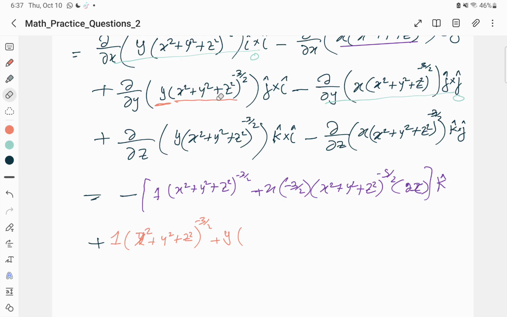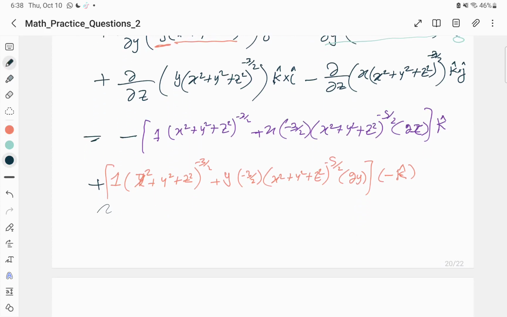The derivative of this expression with respect to y, we apply the chain rule, which will be negative 3 by 2 (x square plus y square plus z square) to the power negative 5 by 2, and then it will be 2y. And outside the whole expression we have this j cross i, so it will be basically negative k because they are going in the clockwise direction. You can see that from the diagram I made.